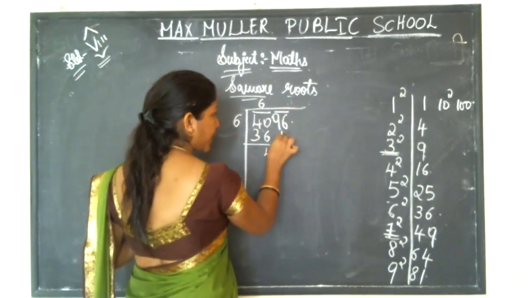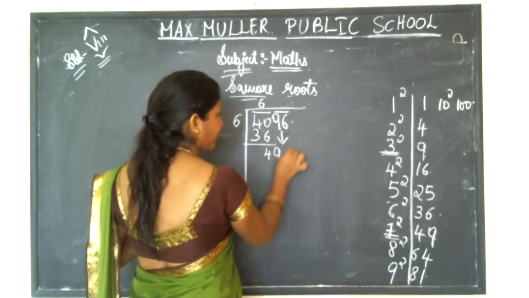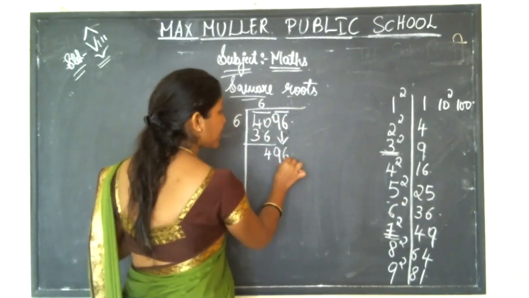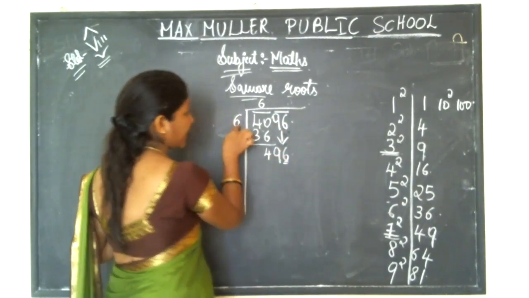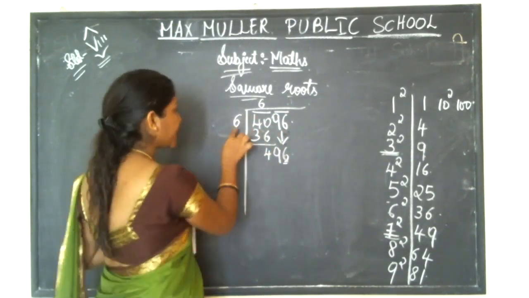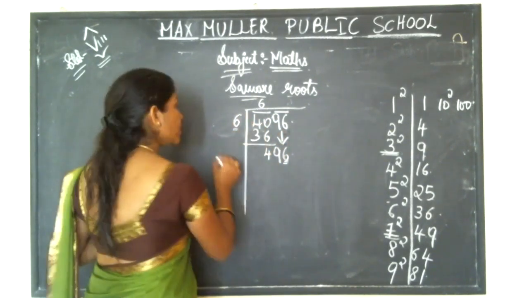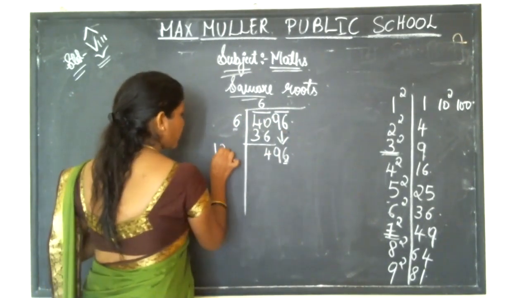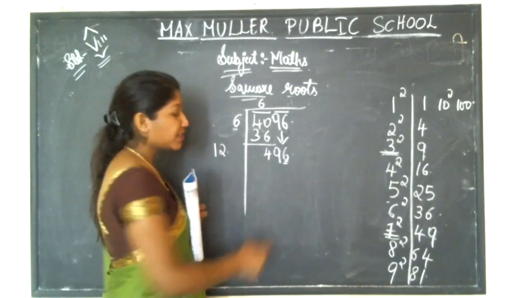Next, you have grouped. As I told you, you have to take both the digits, not the single digit. So here, the last number, you have to double it. That is 6 plus 6, that is 12. Hope all understood.